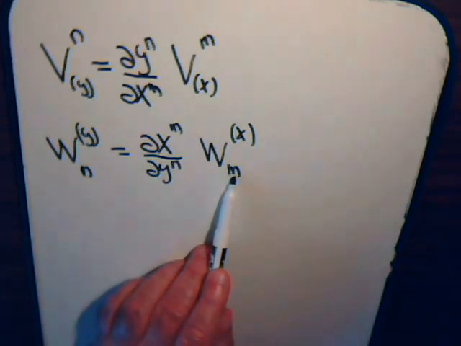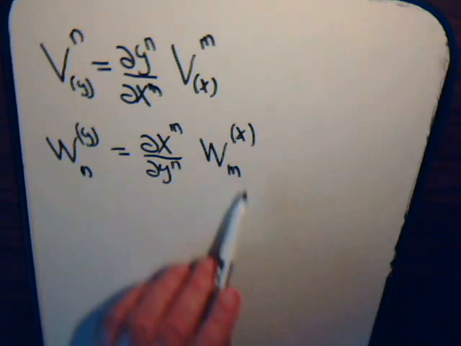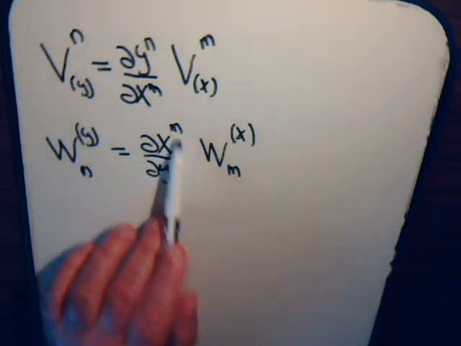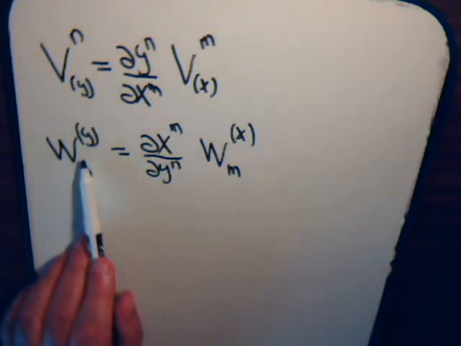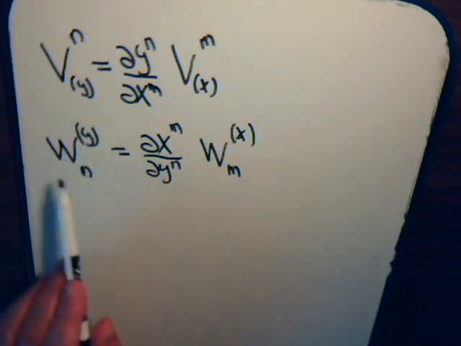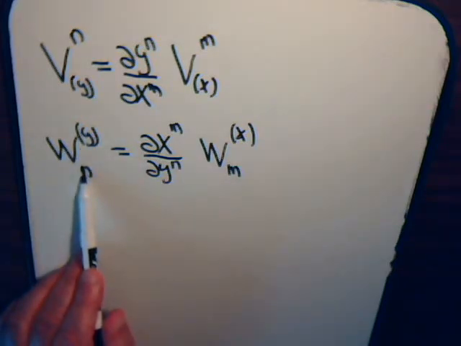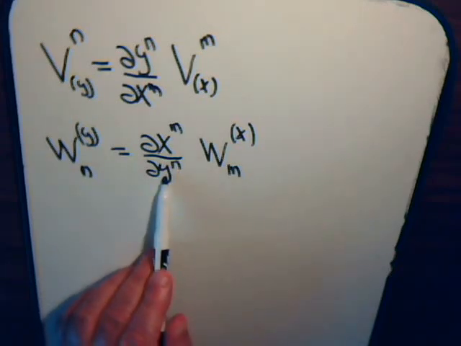Here our nth component is down here, but this is the one that carries the repeating index, so that it has to appear upstairs over here in order to have the proper pattern to it. So here we're in the y frame, but the n component of that, if you will, has to appear in the denominator. So the partial of y is going to be in the denominator.